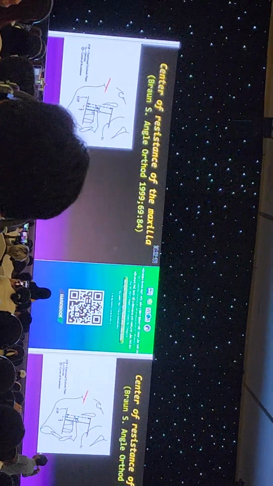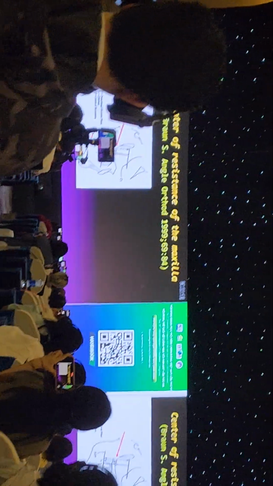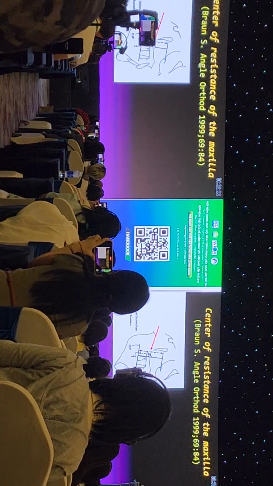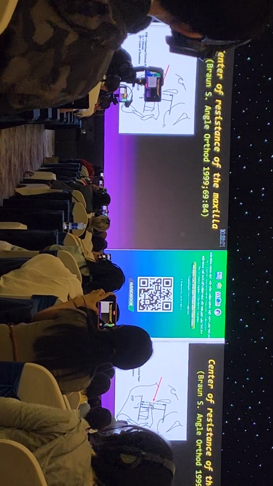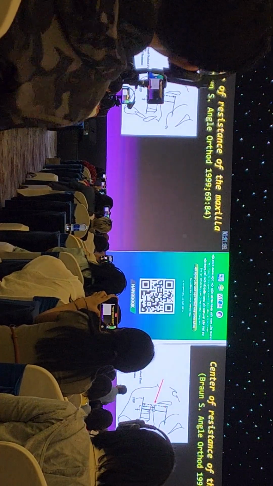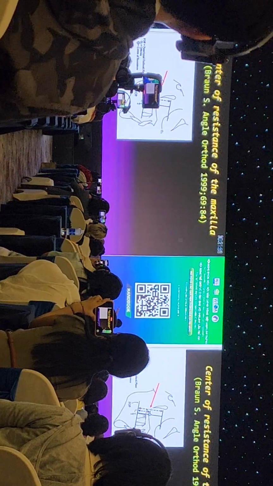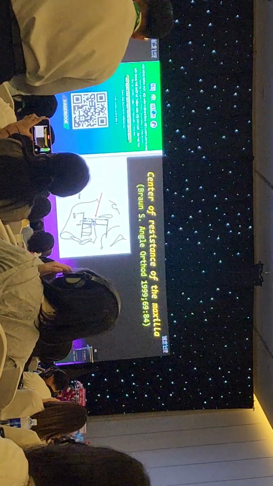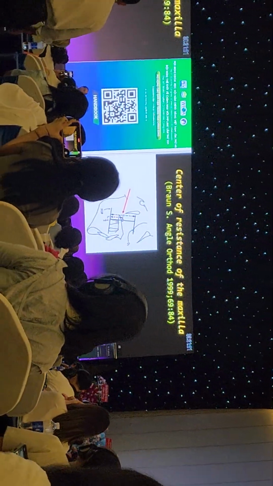First of all, why do you want to translate the maxilla forward, all right? The center of resistance of the maxilla is actually between the Frankfurt horizontal, which is underneath the eyeball, and the occlusal plane of the upper first molar.